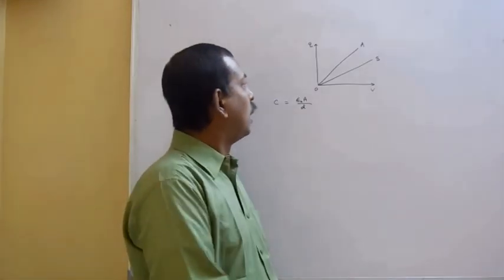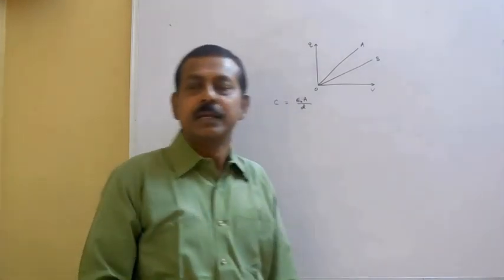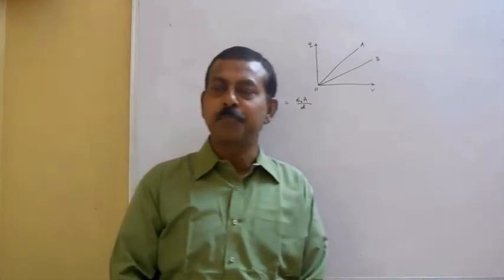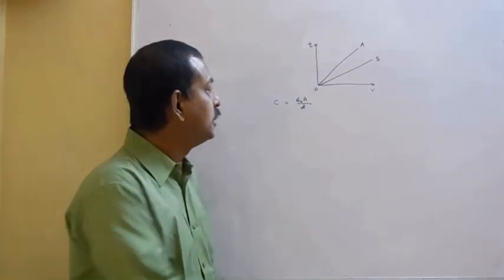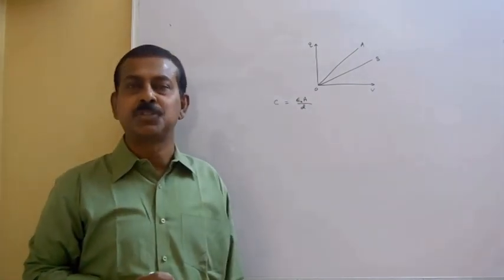Now you see, as C equals to epsilon naught A by D, D is the same, but the plate area of C2 is double that of C1.